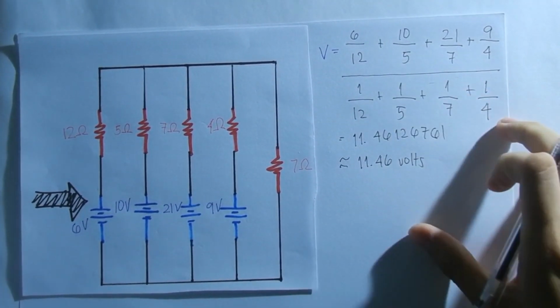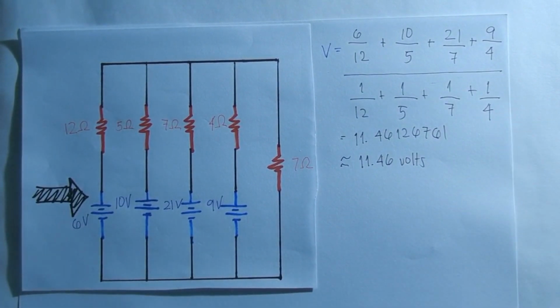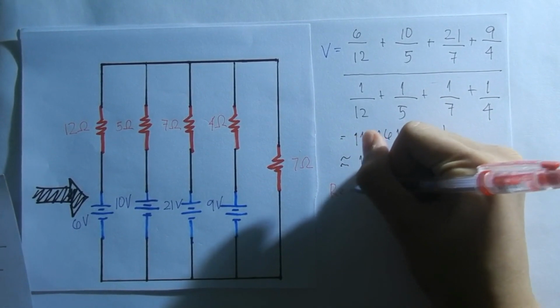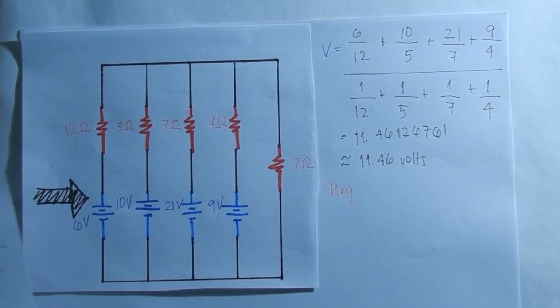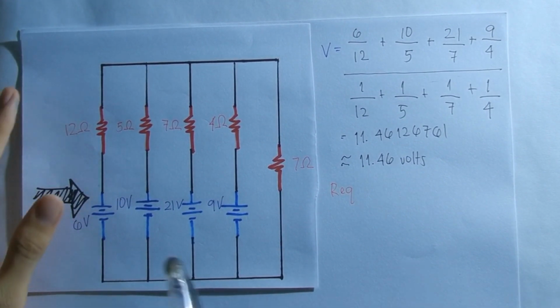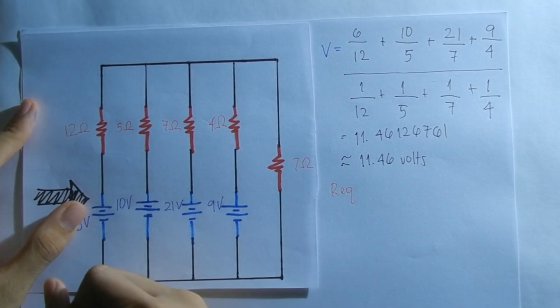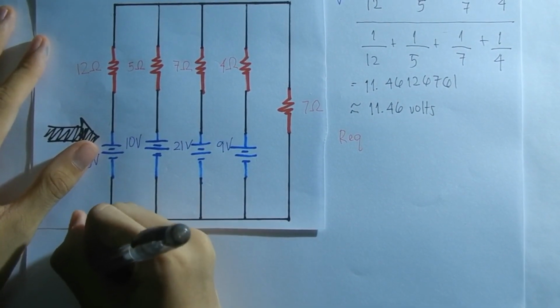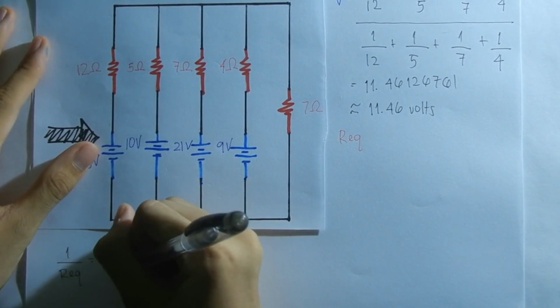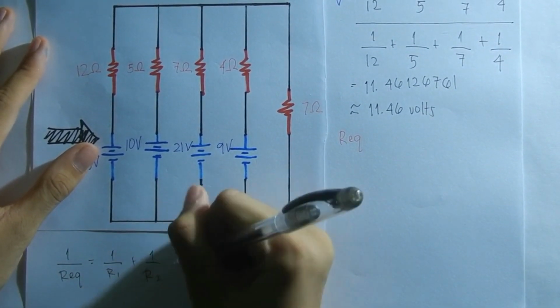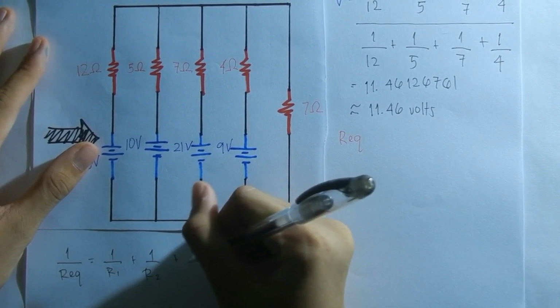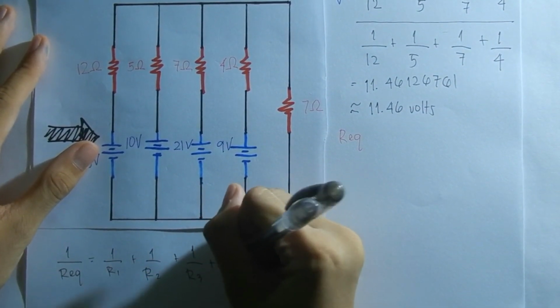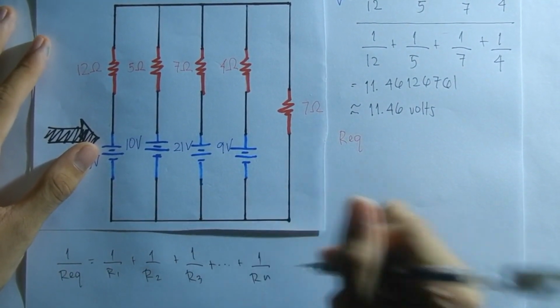Now we got the equivalent voltage. Next, we should compute the equivalent resistance. Using Ohm's law, or using the properties of circuits, we have the equation 1 over Req equals 1 over R sub 1 plus 1 over R sub 2 plus 1 over R sub 3 plus dot dot dot plus 1 over R sub n.